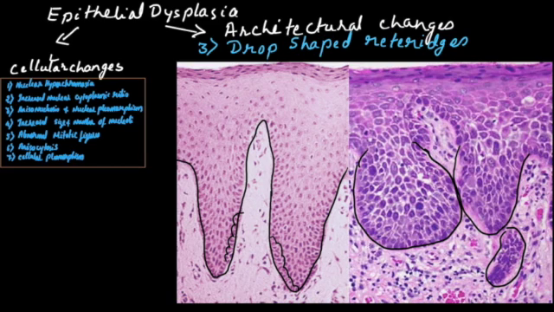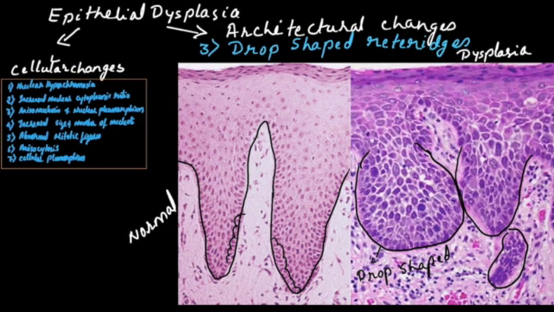So this is the drop-shaped rete ridge. This is the normal epithelium and here it is dysplastic epithelium. The small island of epithelium that you can see, which is dropping into the connective tissue in the dysplastic epithelium, shows that this particular lesion is on the verge of turning into neoplasia.